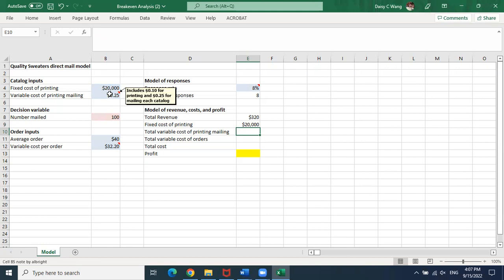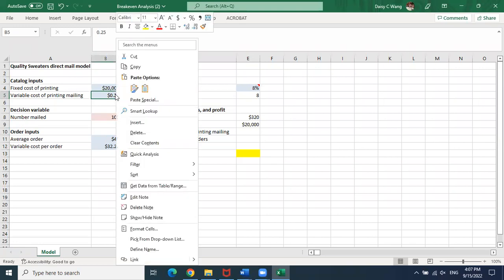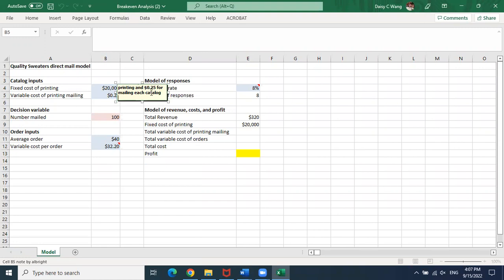Then the variable cost of printing and mailing is here: 10 cents for printing, and 15 cents for mailing, so it should be 15 cents, not 25. The total is 25 cents.